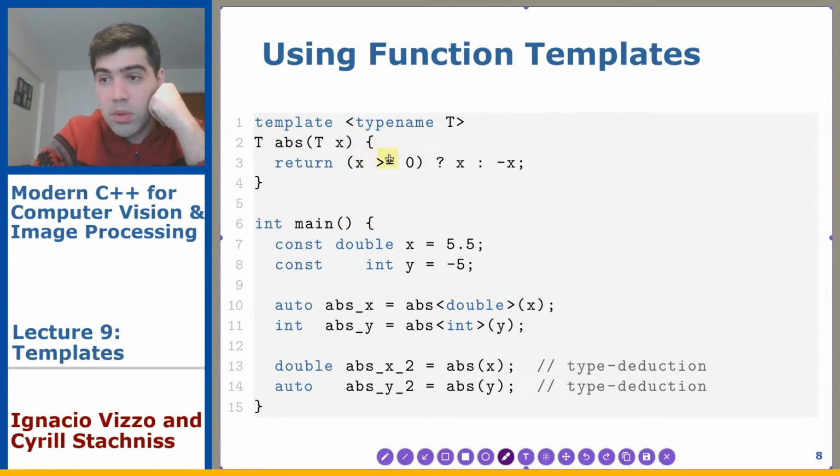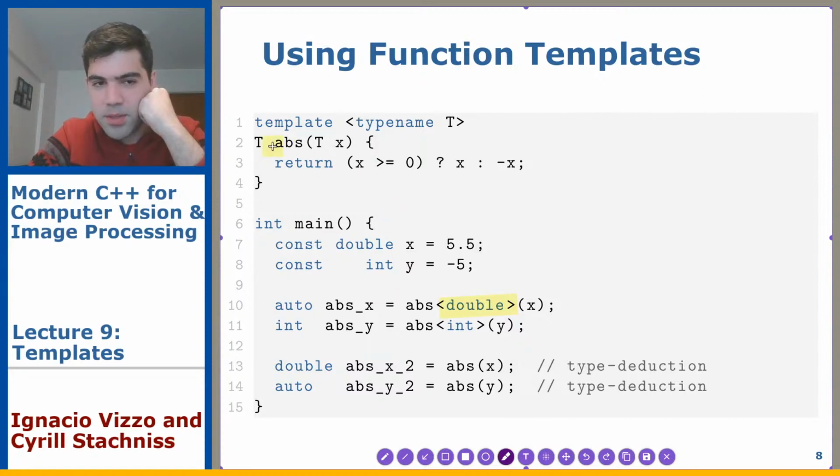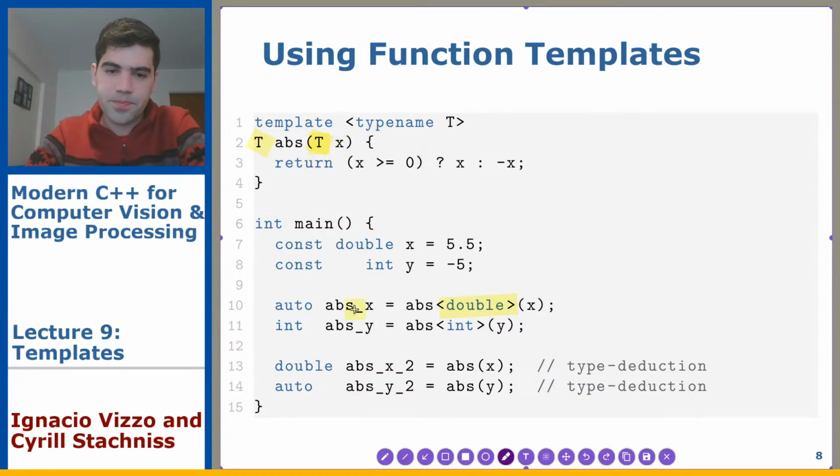We have the absolute template function, and two numbers, one double, one integer, and we will call the absolute value function with type double, right? Then we pass this double argument, and we get the result. And this auto is basically a double because T is the same for the input argument as for the output.